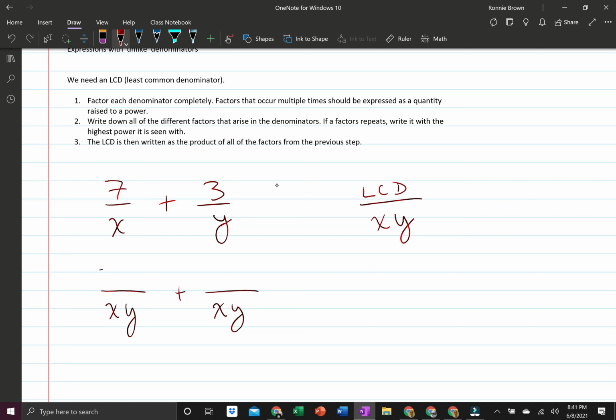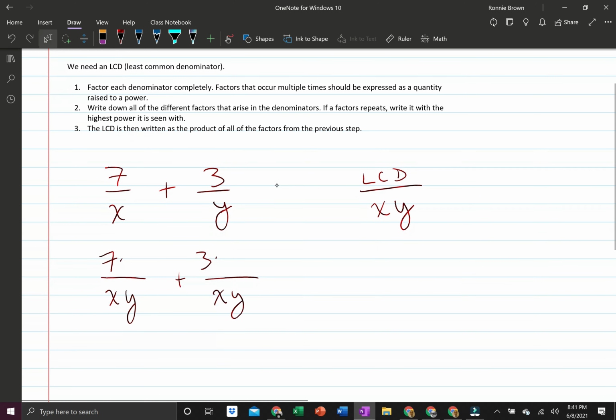We're going to multiply 7 times something and the 3 in the old numerator times something to make a new numerator. So what do we multiply by? Let me take the LCD of xy and divide it by the old denominator of x. If I do that, I'm left with a y. So that's what you'll multiply the 7 by, y.